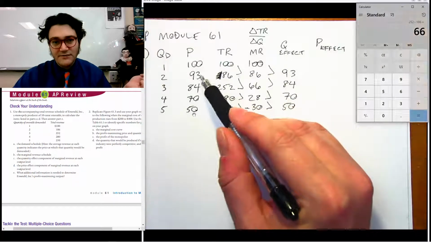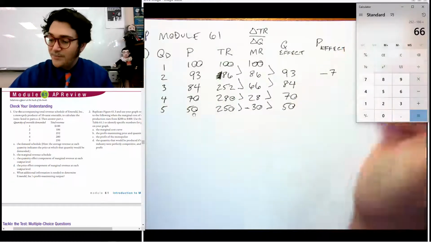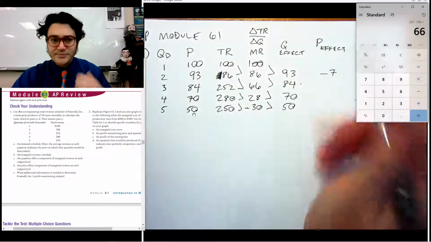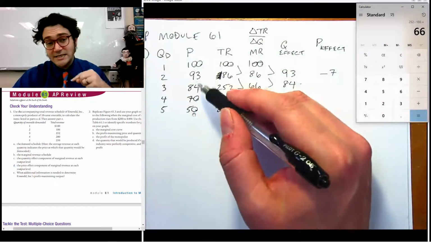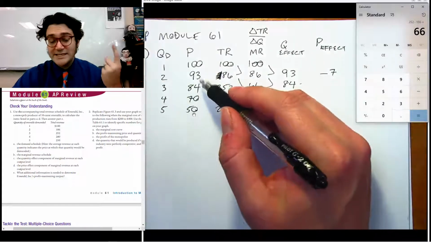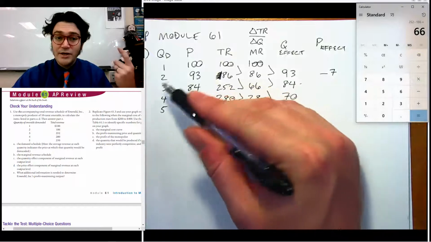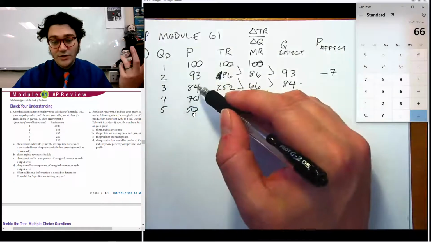We lowered the price by 7 when we went from 100 to 93, so this is negative 7. For the next one, it's not how much you lowered the price of just that second unit, but that you had to lower the price from 93 to 84. That's 9, but you had to lower it on the second unit and on the first unit. So this is negative 18 for the third unit.